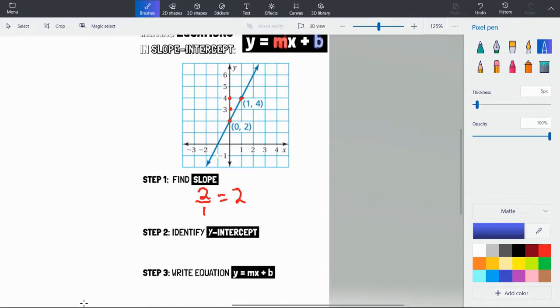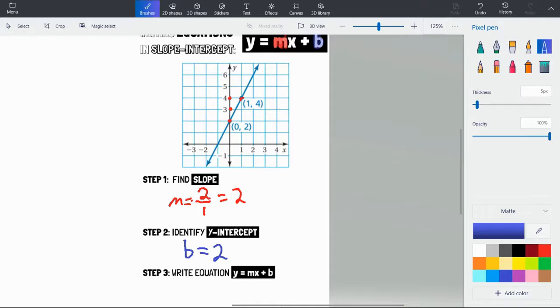It's going up or down. Your y value is what changes. So on this one, it intersects the y-axis at 2. So we'll put up here m equals 2, and down here b equals 2.